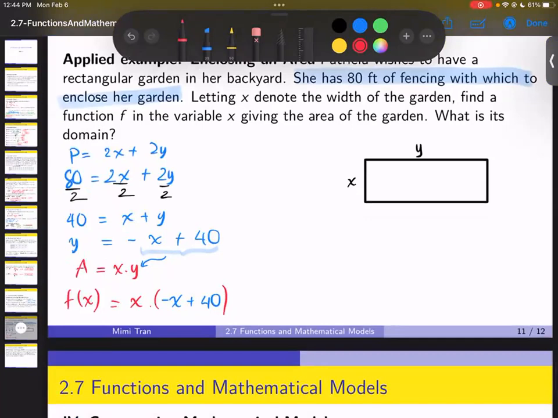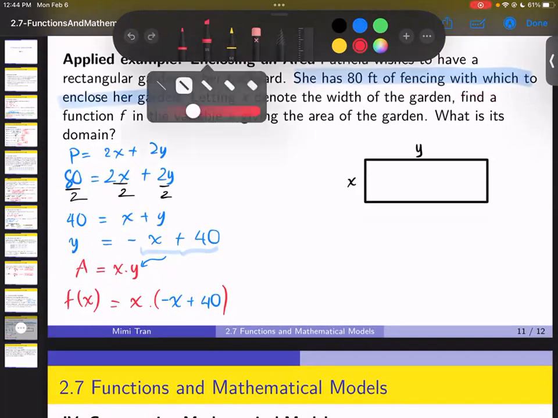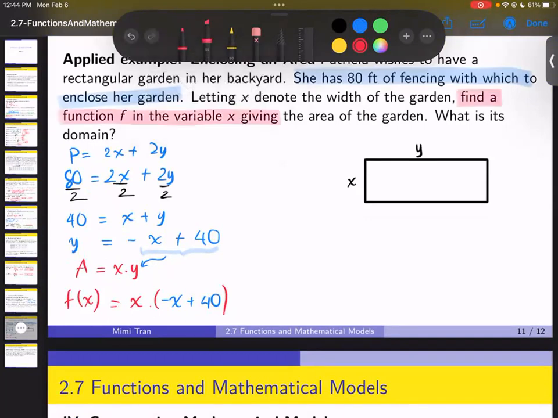All right. Find the function f in the variable x given the area of the garden. We did that part. All they want is finding the function f, and we did. If you want to distribute that out, you can.